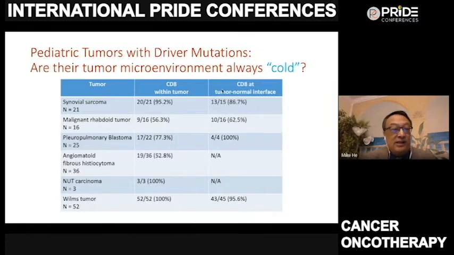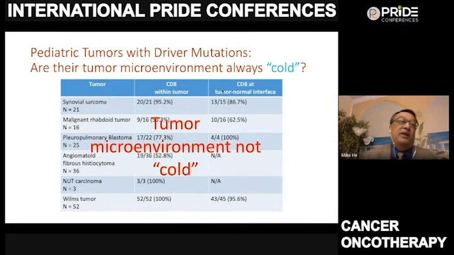From this slide, you can see these different tumors show probably a range from 50% to 100% expression of these CD8 cytotoxic T cells. Our conclusion, you can see on the next slide.